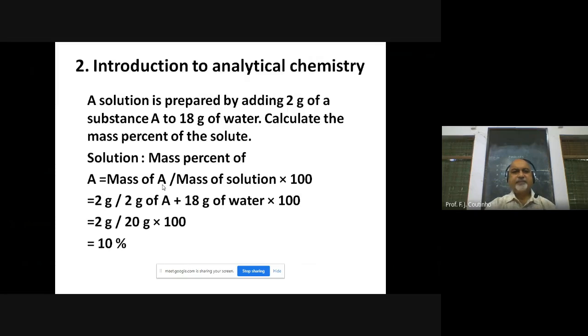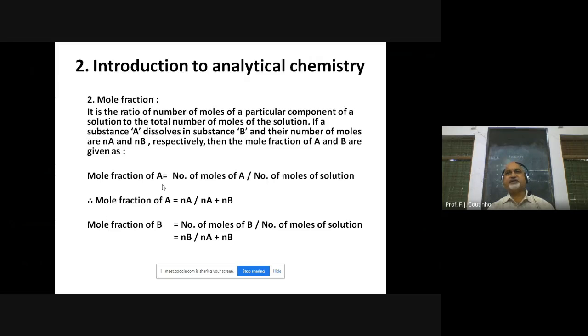The next part of this is mole fraction. Now what is mole fraction? It is the ratio of the number of moles of a particular component of a solution to the total number of moles of the solution.